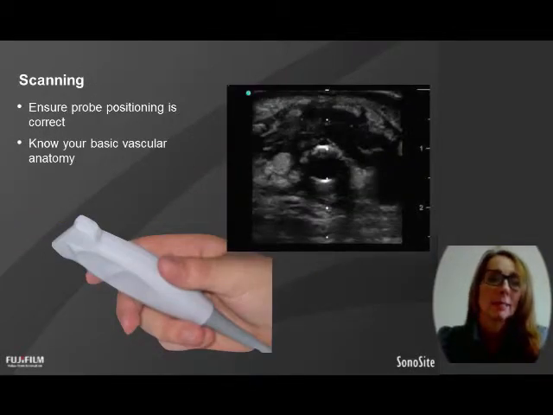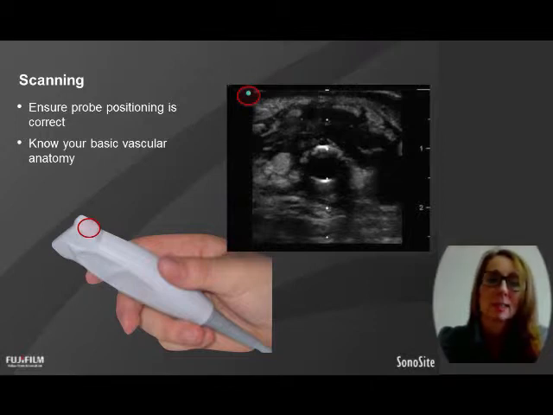When scanning, make sure your probe positioning is correct. If you always set yourself up the right way, what you're looking at doesn't get confusing for you. There are some little markers, and you can see here there's a marker on the left of the image, and there's a marker on the probe, and they match up. So if I have the marker on the left-hand side, that is what I would see.